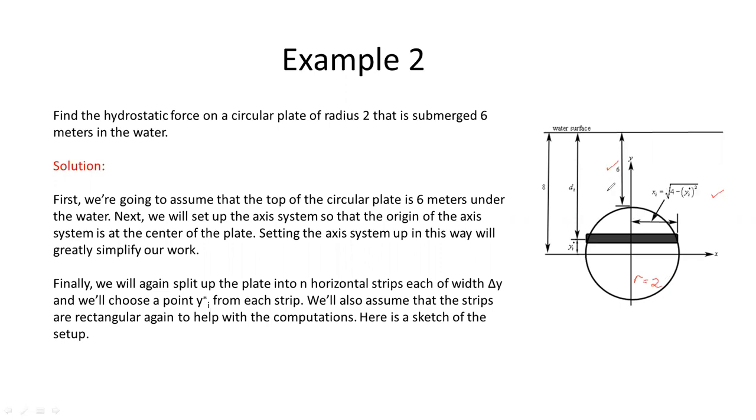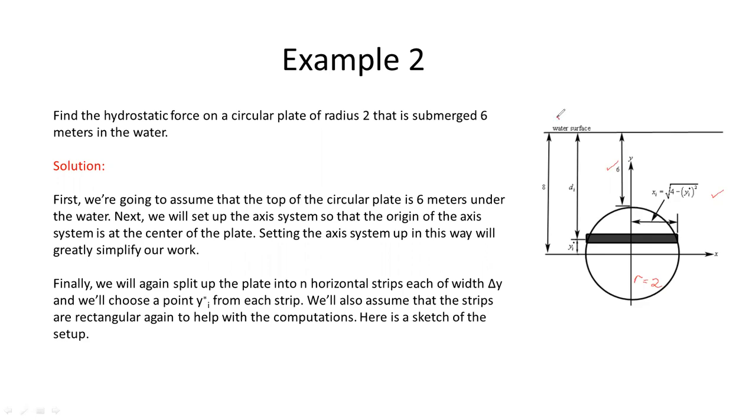Now, first, just like what we did in the first example, we're going to set our ordinate system, or our x and y axis. In setting that up, in this particular problem, we're going to assume that the top of the circular plate is 6 meters under the water.